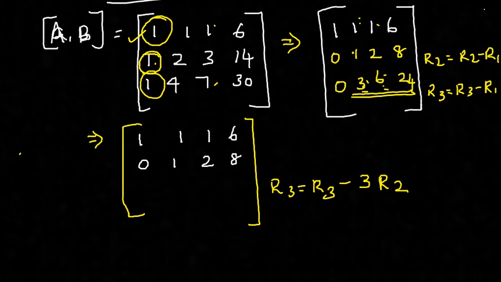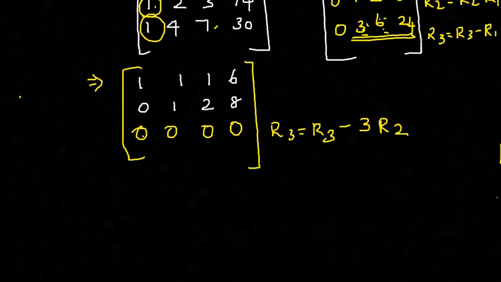So it will be 0 minus 3 times 0, which is 0. Then 3 minus 3 times 1, which is 0. 6 minus 3 into 2, again 0. And 24 minus 8 into 3, which is 24, so 24 minus 24 is 0. Now you see that we have got it into the echelon form, and also the entire row has become 0.